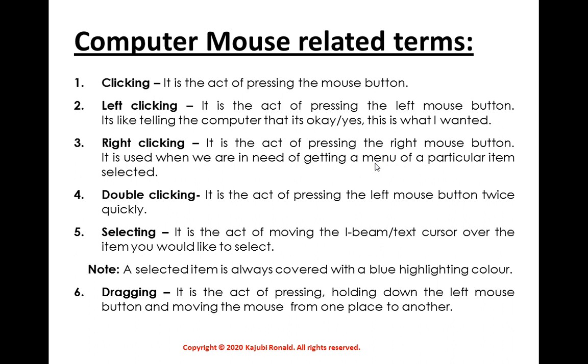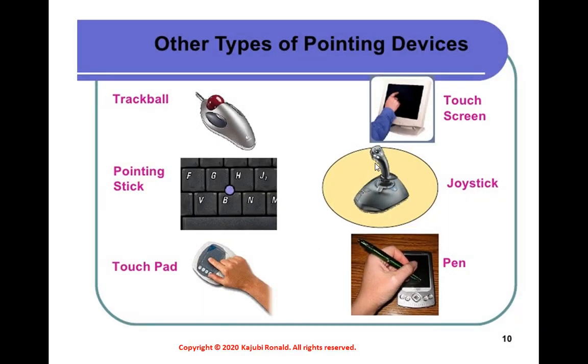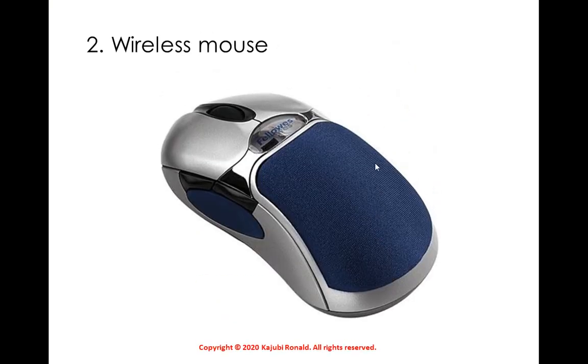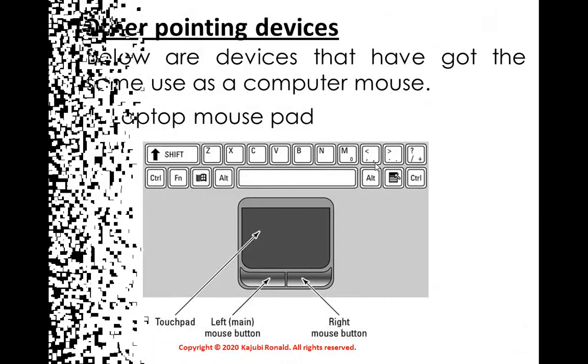What about selecting? Selecting is the act of moving the I-beam text cursor, or the text cursor. To take you back, I'm trying to show you what you call the I-beam cursor or the text cursor.